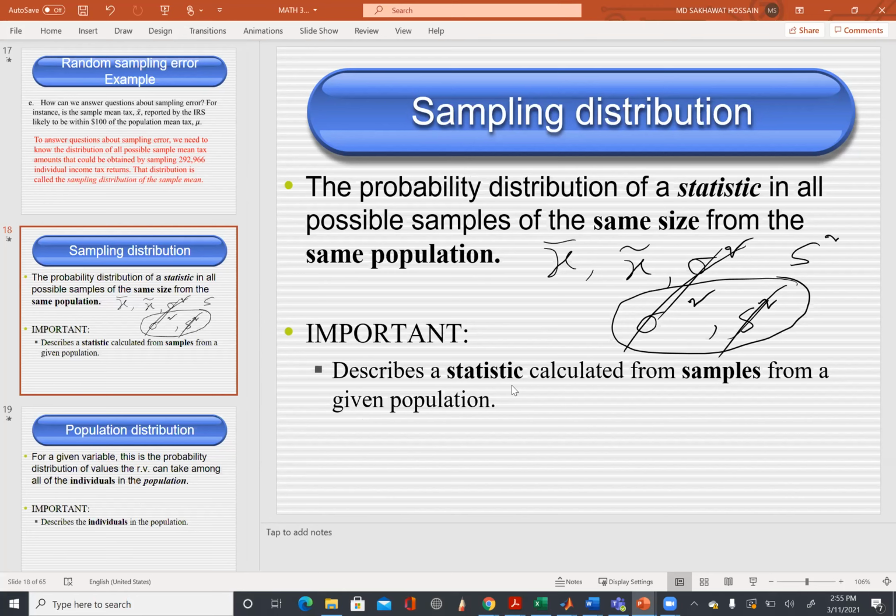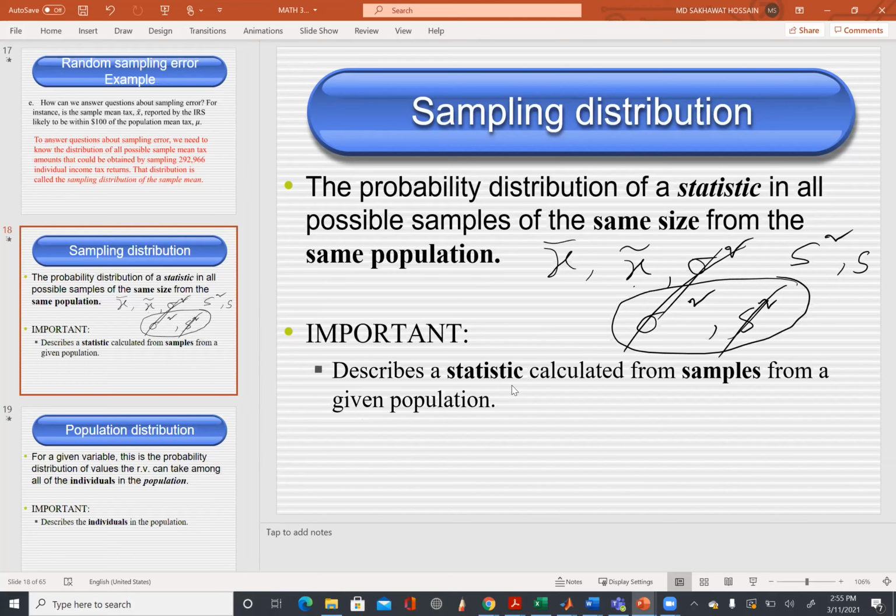Usually we use S square, the sample variance, and S is the sample standard deviation. So X bar, X tilde, S square are all statistics because they are measurements of the sample, and they are random.